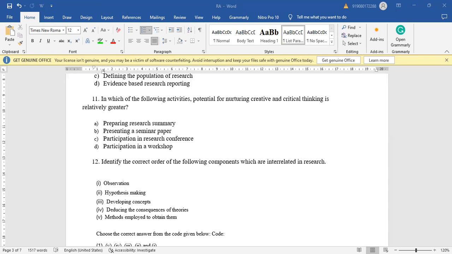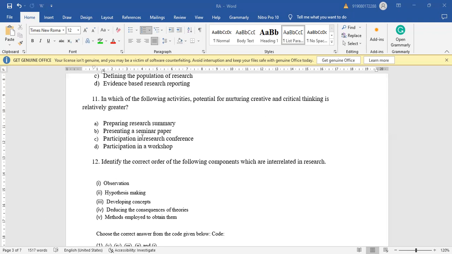Research conference. In a research conference, you have the upper hand in terms of creative thinking, or in a workshop?